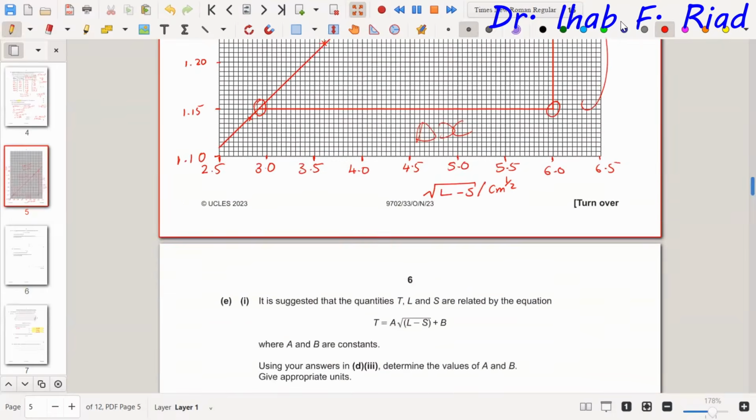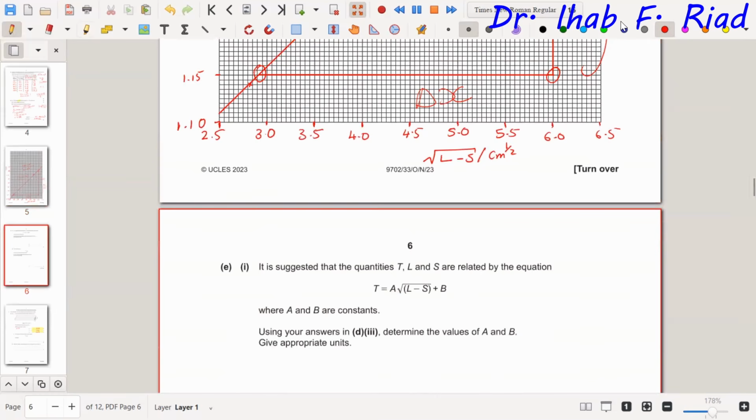Yes, when we made this plot, T and square root of L minus S, we got a straight line, right? Then T and this value are related as an equation of a straight line.